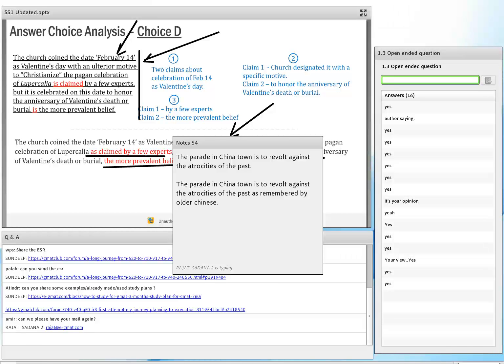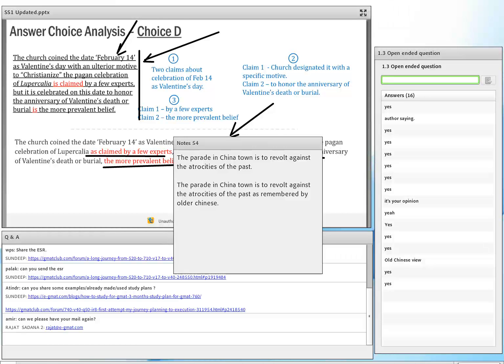Again, maybe it's not the best construction, but even when I add this to it, the parade in Chinatown is to revolt against the atrocities of the past. This is still my belief, and then as remembered by the older Chinese is what I'm adding to it. The "as remembered" applies to the revolt, but the fact that the parade in Chinatown is to revolt against the atrocities of the past is still my belief, as the author is saying.